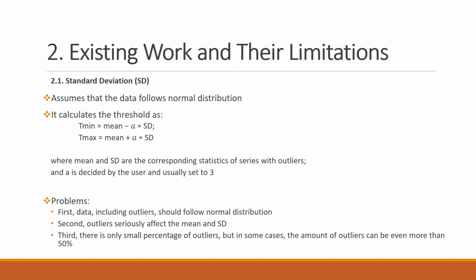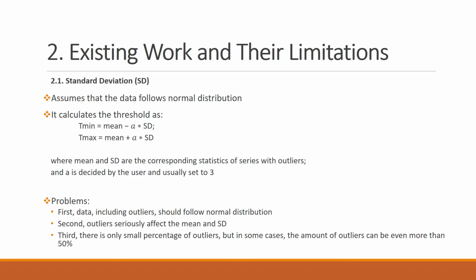Let's talk about existing work and their limitations given in the paper. We'll start with standard deviation. This threshold technique assumes that the data follows a normal distribution. It calculates the thresholds as Tmin, Tmax, where mean and SD are the corresponding statistics of the series with outliers. Now there are three problems with the SD threshold technique.